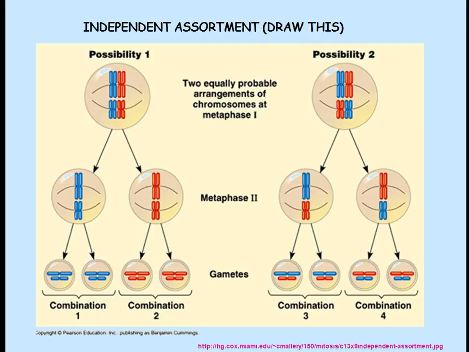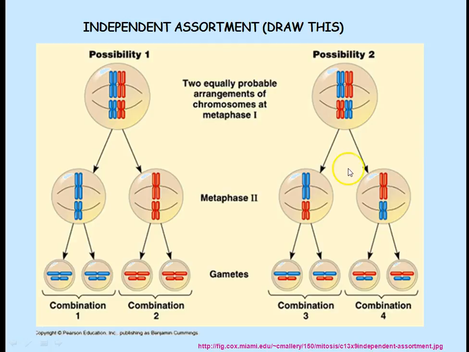So for example, we can have 15 chromosomes from the mom on the right side, and 8 chromosomes from the mom on the left side, and the exact opposite for the dad's chromosomes. So all these different combinations also allow for genetic variation, and this is what we call independent assortment.